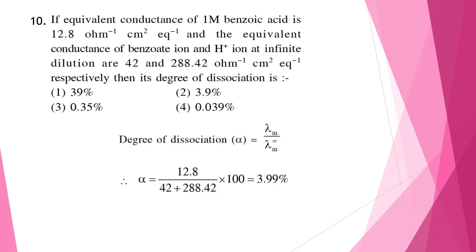Now you know the degree of dissociation is lambda m by lambda at infinity. So we know lambda m, that is 12.8, and we know lambda infinity, that is 42 plus 288.4. So we get degree of dissociation alpha is equal to 3.99%. So the correct answer here will be option 2.